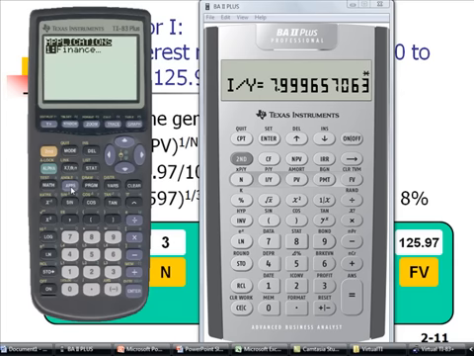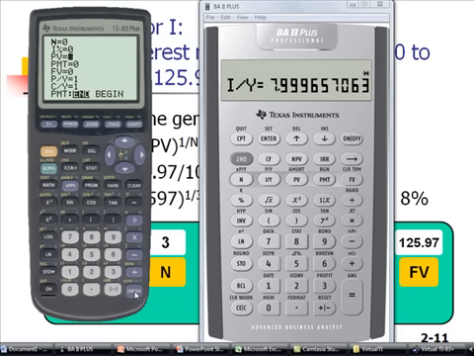Okay, that's for applications. Typically the first item on the Apps menu is Finance, so you can select that by either pressing the 1 or hitting Enter when it's highlighted. Okay, then the first item on the Finance menu is the TVM solver, or time value of money solver. You hit that, and this is what will come up.